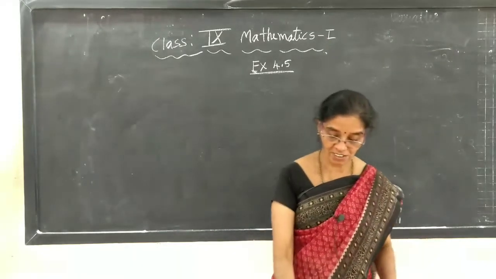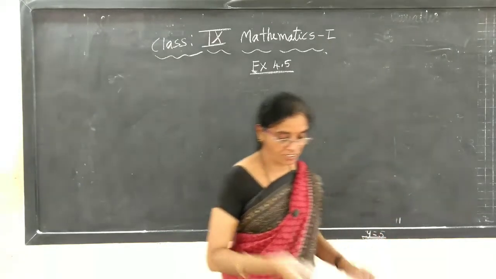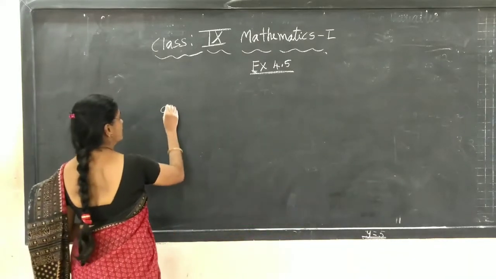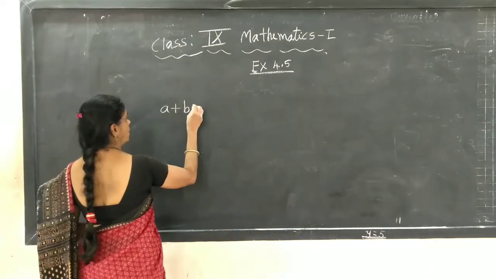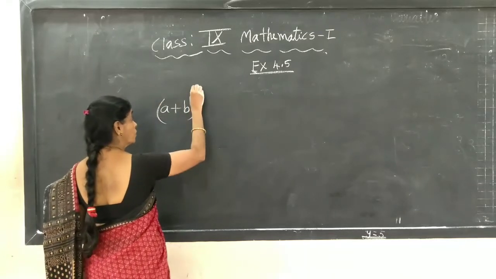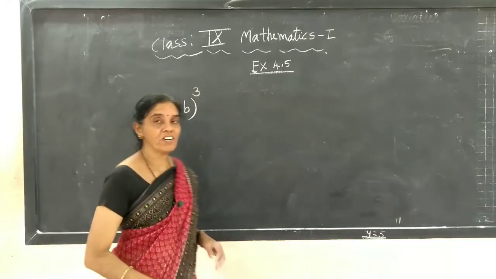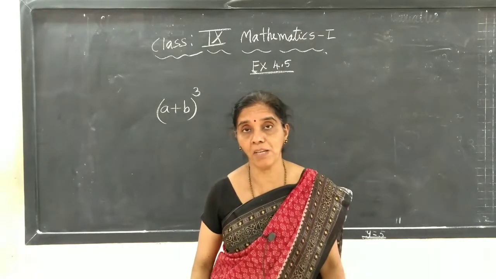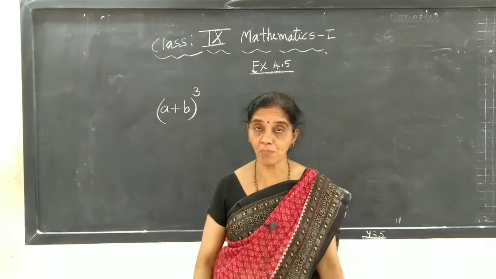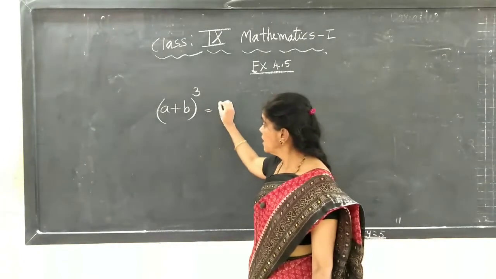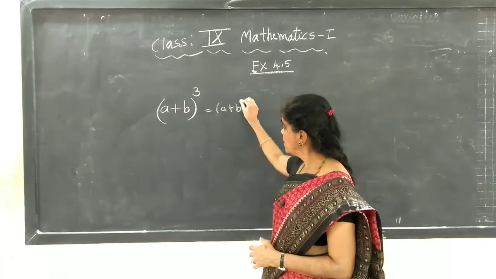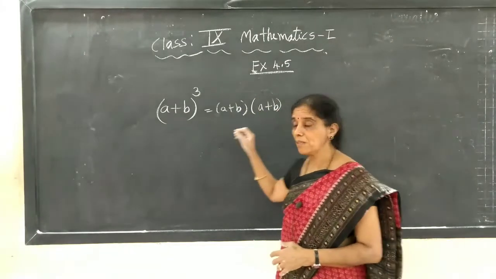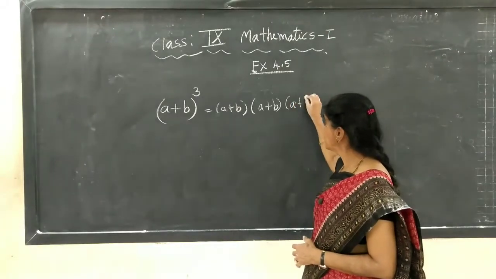So next, the new identity we are going to learn is a plus b whole cube. What is a plus b whole cube? You multiply 3 times. What is the meaning? It is a plus b, again multiply a plus b, again multiply a plus b, 3 times.